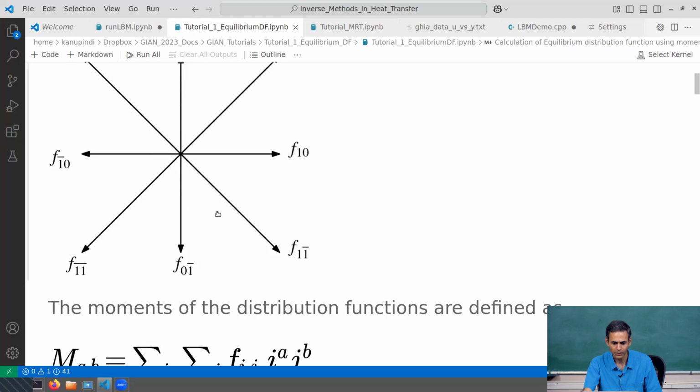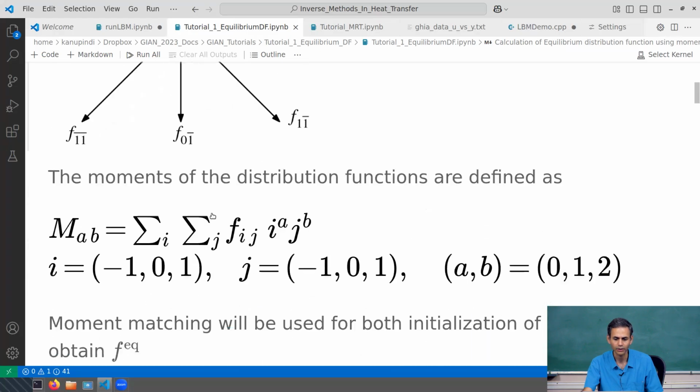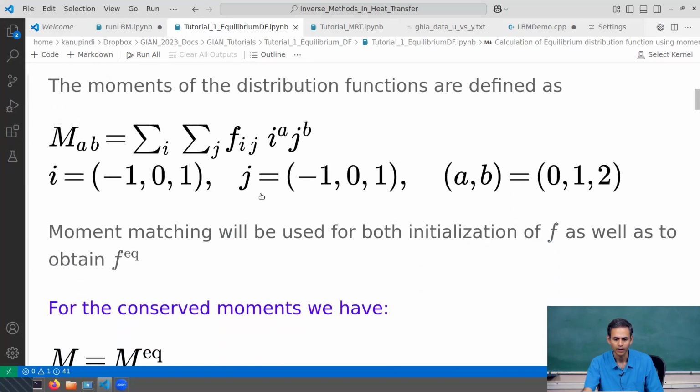Then how do we calculate the equilibrium distribution functions from the moments? You are already familiar with the moments of the distribution functions, where a moment M_AB was defined as the sum of F_ij times i to the power A times j to the power B, summed over all possible i and j directions, right.